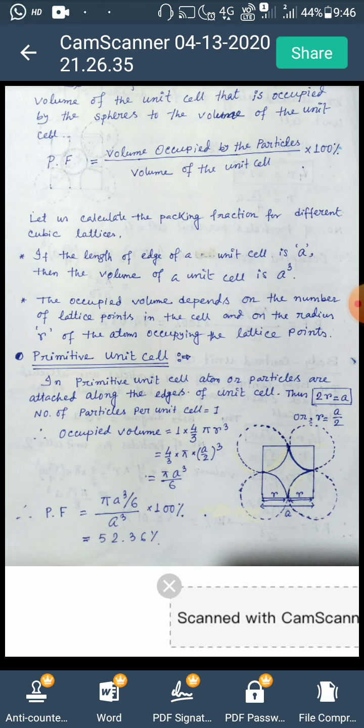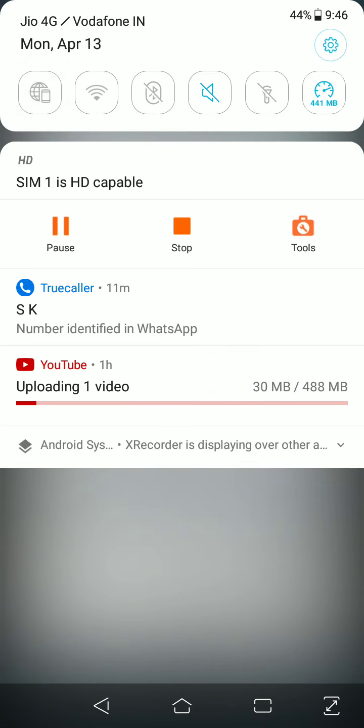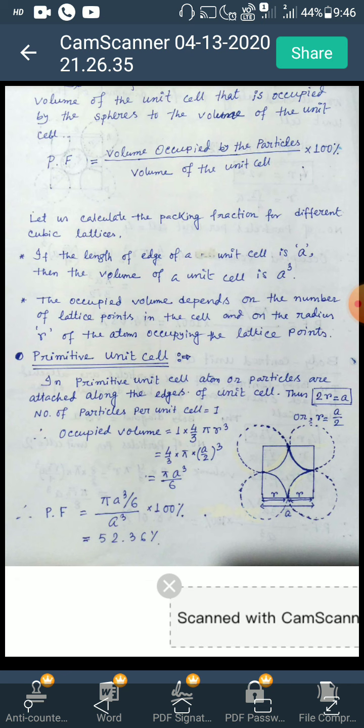Here the radius of each atom is taken as r, and the edge length of each face is taken as a.